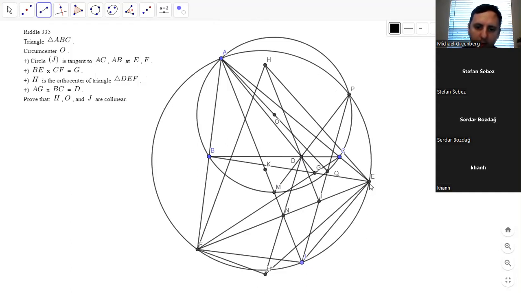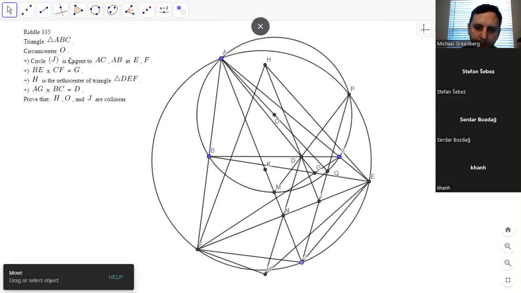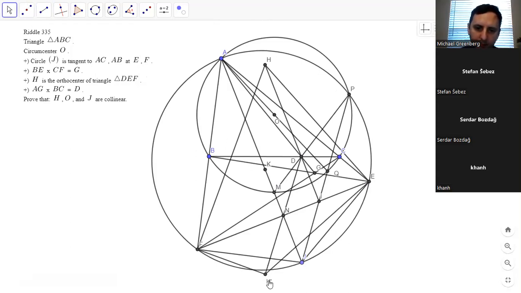Maybe a spiral similarity takes one to the other. I wonder if P is like the Q point of... no, that would mean angle HPD is 90, which I don't think is true.